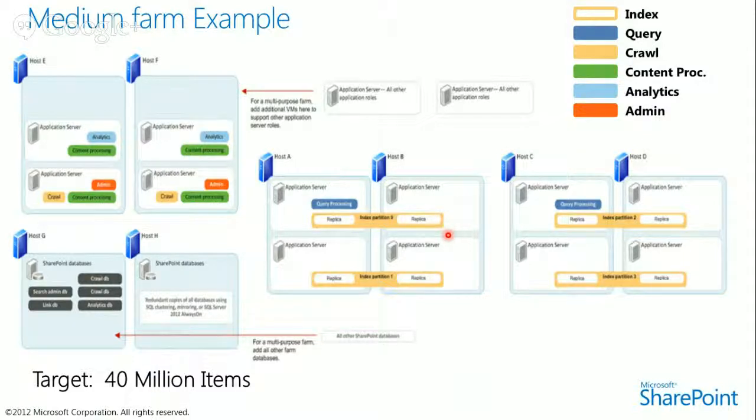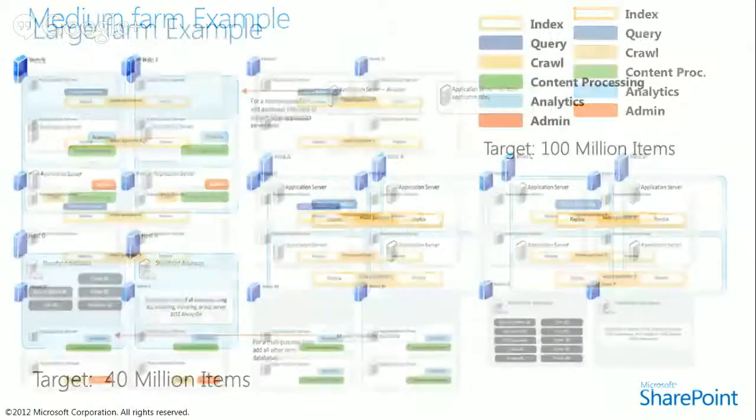So it's better to put your search service databases on a dedicated instance, and host that in an availability group. So these are all the databases associated, if you're wondering: search admin DB, crawl DB, and analytics databases.